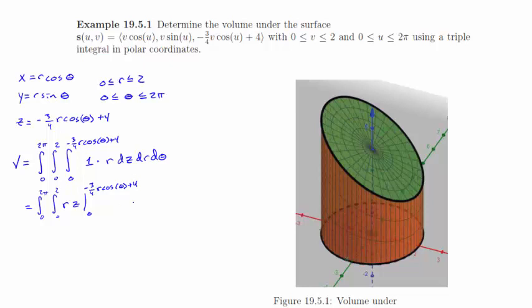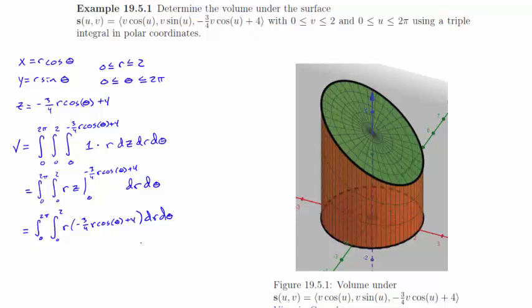These are z values, dr d theta. This equals the integral from 0 to 2 pi, the integral from 0 to 2 of r times negative 3/4 r times cosine of theta plus 4 dr d theta.